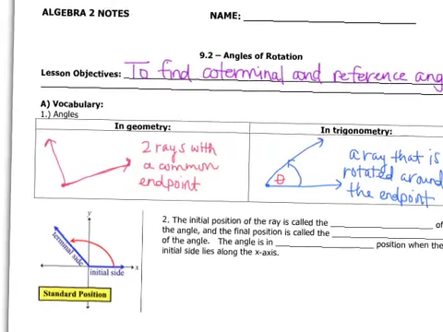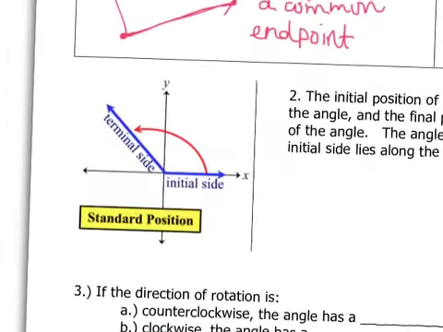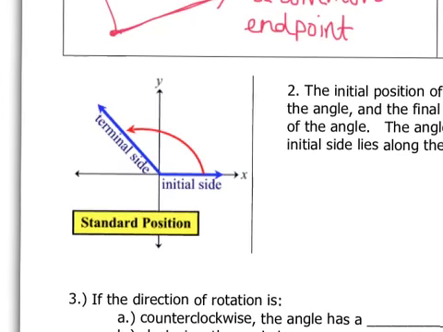Okay, take a look at this graphic that I have for you. So similar to what I just said, that ray that I started my last drawing with, that's what we call the initial side, initial meaning start. After the rotation, the ray that you have is what we call the terminal side, okay, terminal meaning the end.